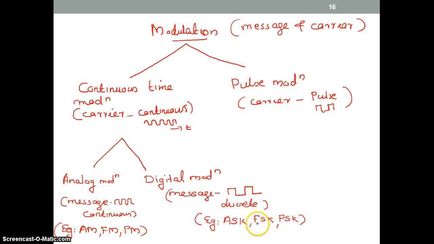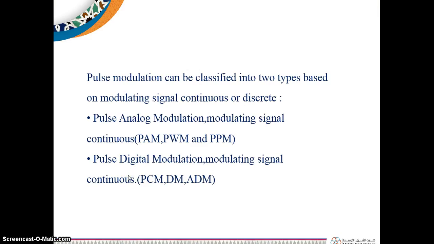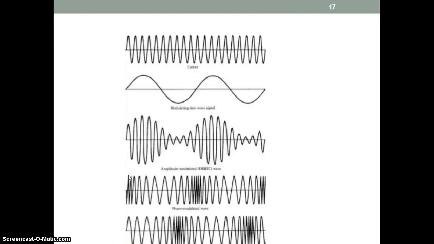Amplitude shift keying ASK, frequency shift keying FSK, and phase shift keying PSK, all you will study in detail in unit 3. So these are the examples of digital modulation. Analog modulation we have already studied in your communication system.